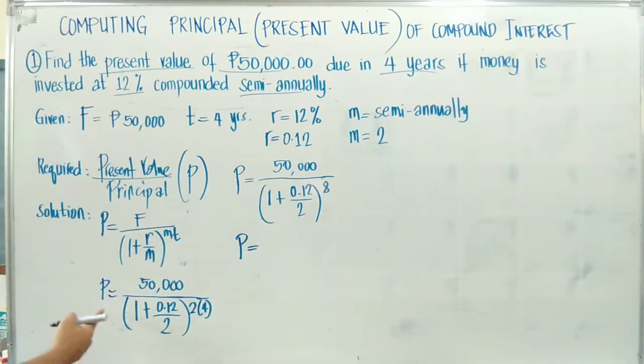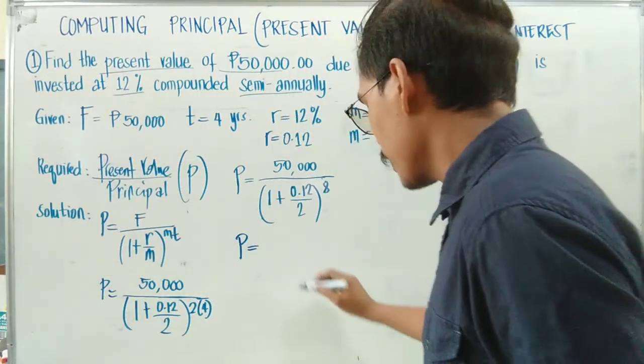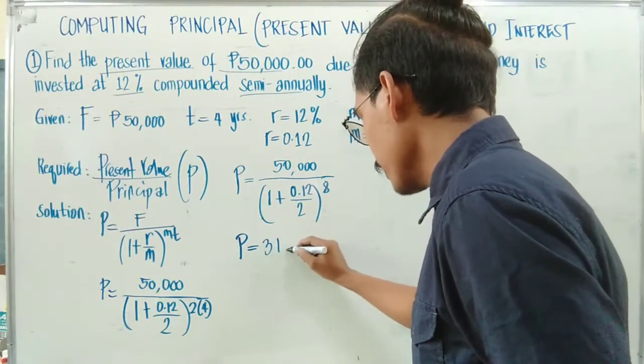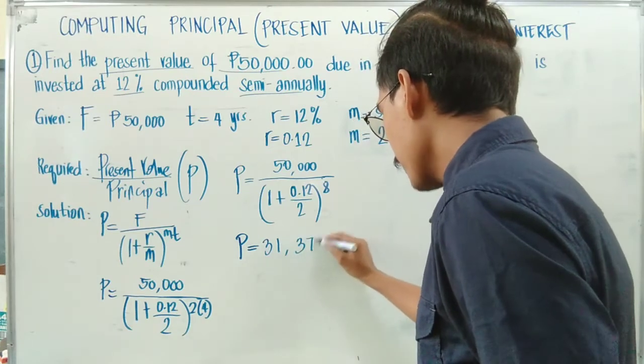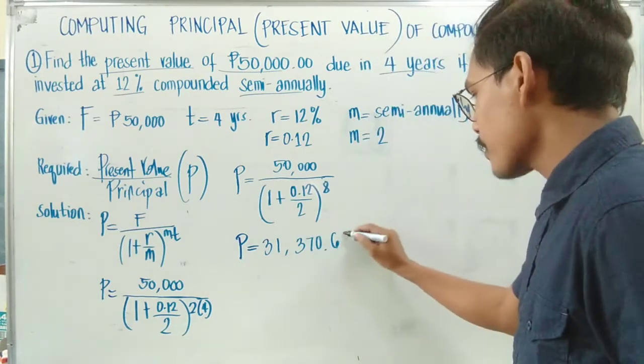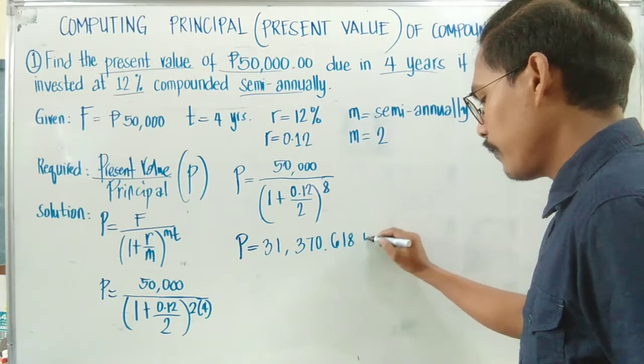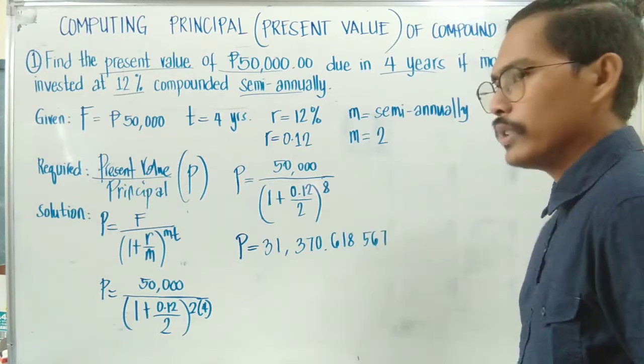Let's first input this on your scientific calculator if you have one. It will give you the digits 31,370.618567.